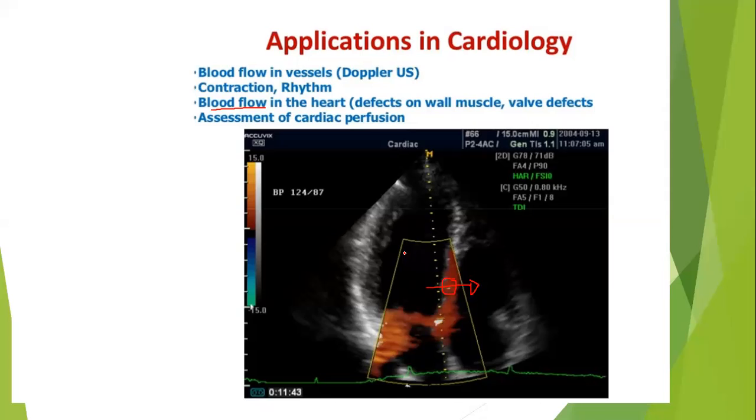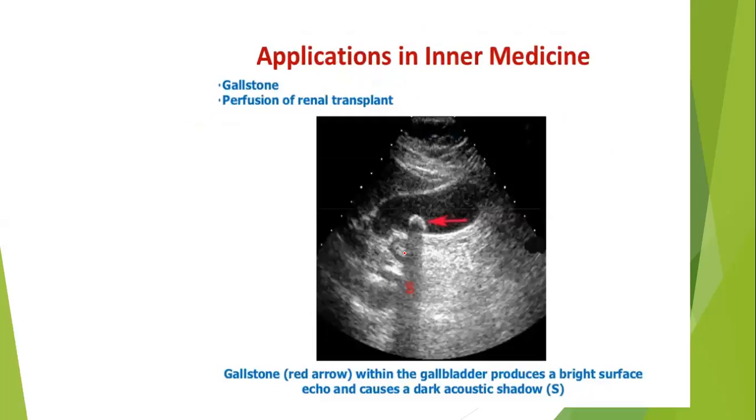Come on, guys. Coronary arteries, okay? So we can analyze the blood flow on the cardiac perfusion through the blood flow of the coronary arteries. How well this cardiac tissue is getting blood, okay?